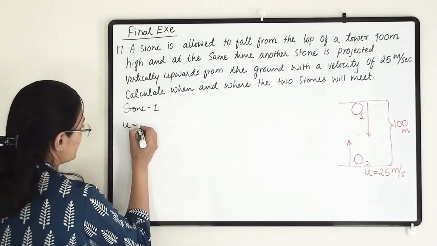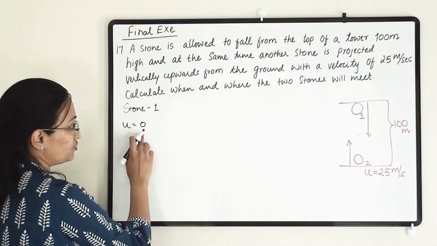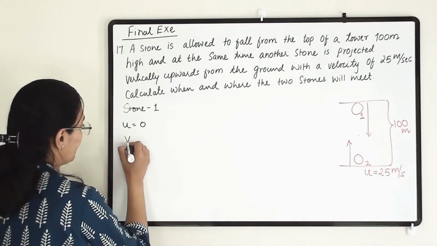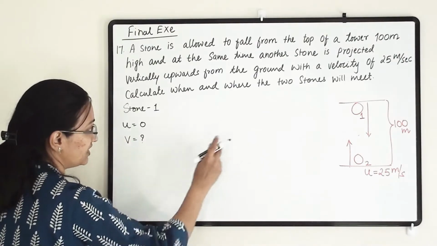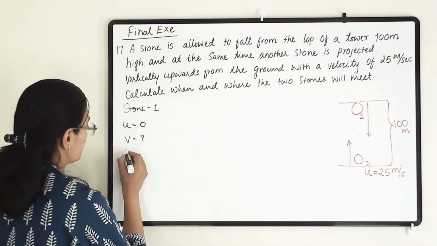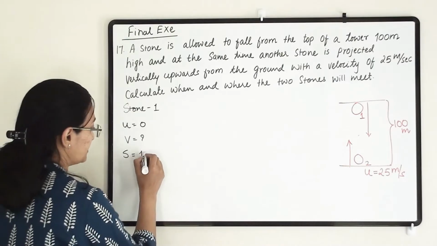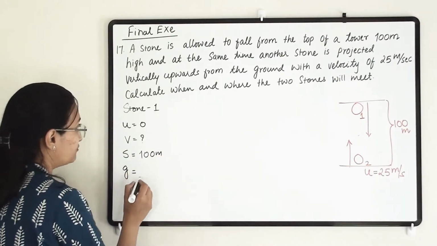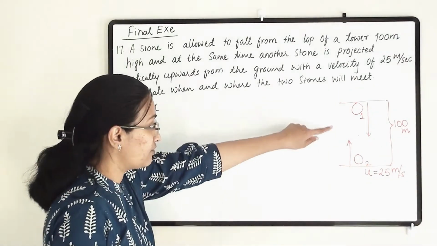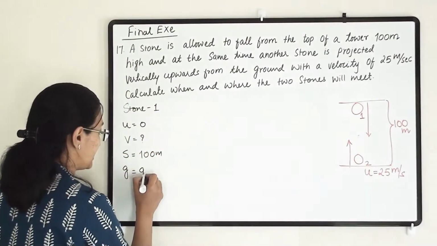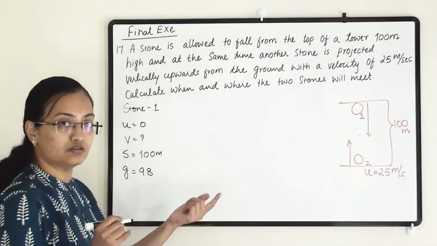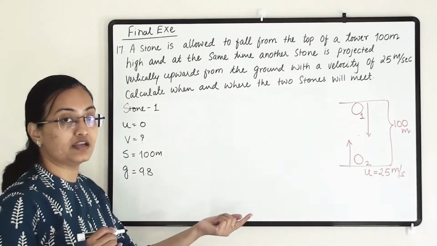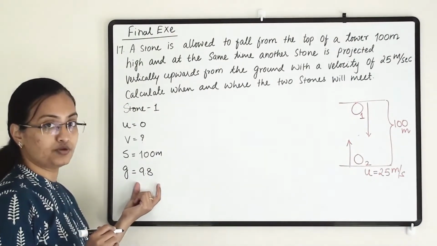The initial velocity for stone 1 is going to be 0 because we are dropping it. Final velocity we do not know. The distance it will cover is 100 meter. Now g, in the case of stone 1 which we are dropping, is going to be 9.8 and it is towards the earth, in the direction of the motion, so this is going to be positive.